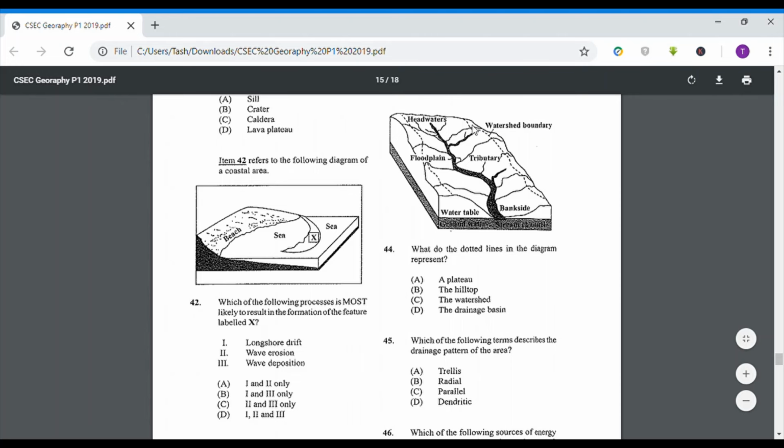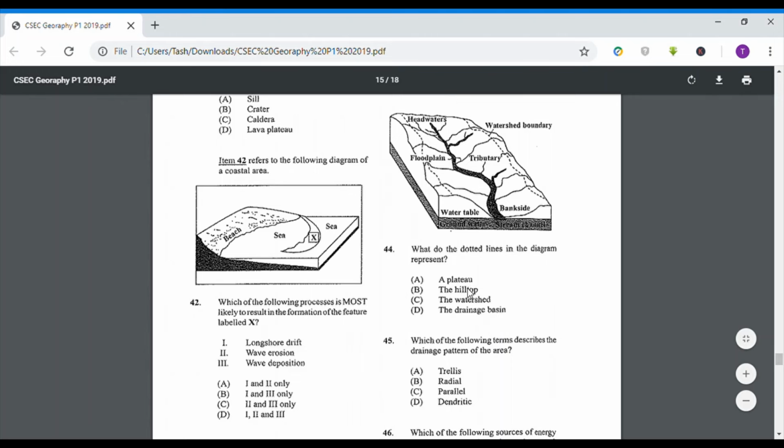Alright, we can see already that they have labeled the dotted lines. It says watershed boundary right here. So we have a plateau for an answer, the hilltop, watershed, and the drainage basin. Now, it cannot be a plateau. Plateau is a flat-topped hill.